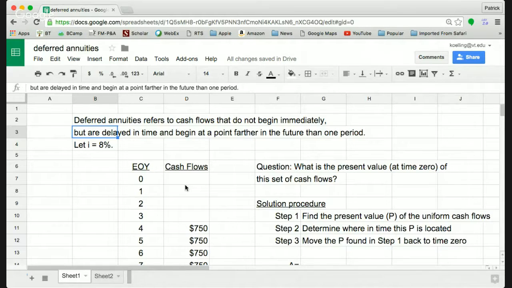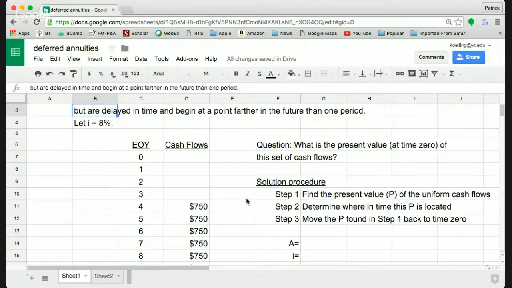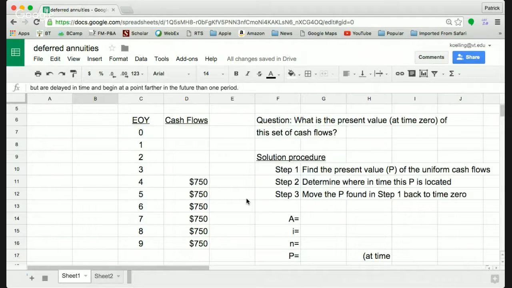So here we go. We have cash flows here that don't begin until the end of year 4. Remember, all of our cash flows are end of year cash flows. And here we have a uniform series. So it's $750 each year, years 4 through 9.